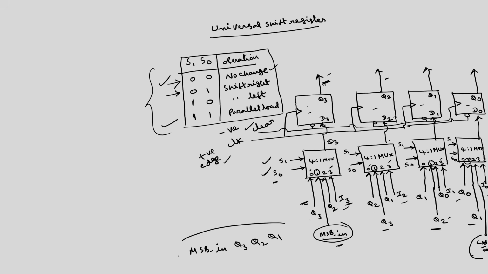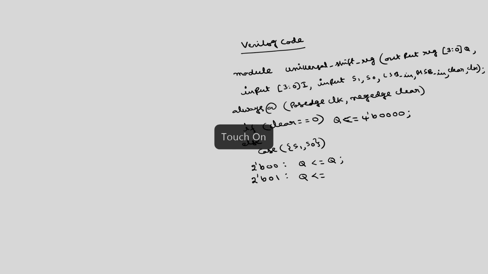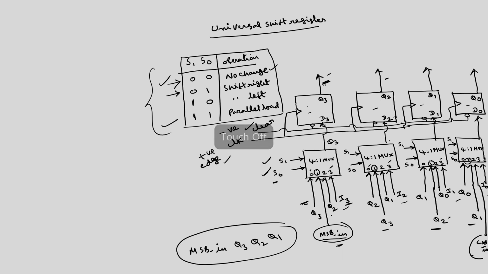So, Q is assigned {MSB in, Q[3:1]}. 2'b10: Q2, Q1, Q0, then LSB in.